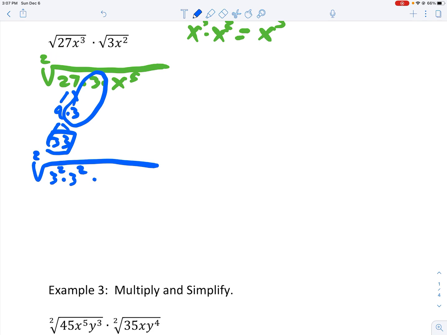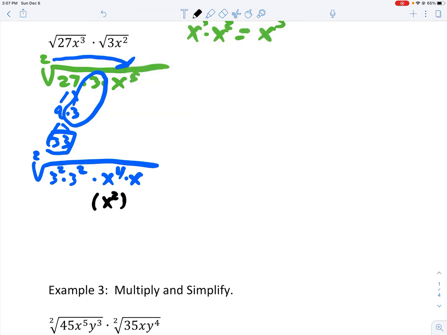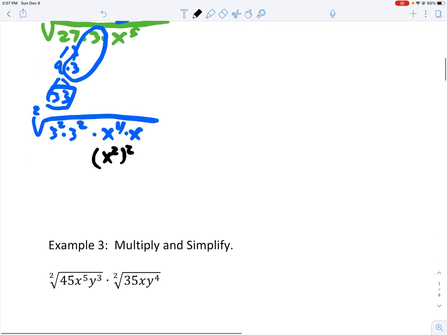Now, x to the 5th. 2 does not go into 5 evenly. So remember from last lesson, that means we're going to split it. So x to the 4th times x. If 2 would divide into it evenly, you can rewrite it as one. Well, x to the 4th says the same thing as x squared squared. So now when I take the square root, everything with the power of 2 is going to reduce away, and then those will be outside.